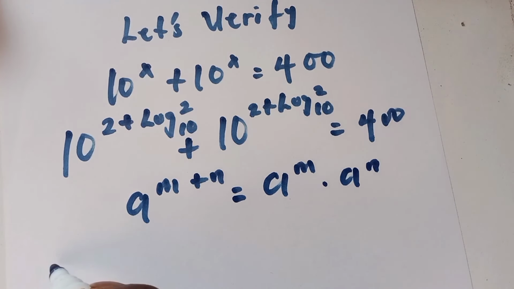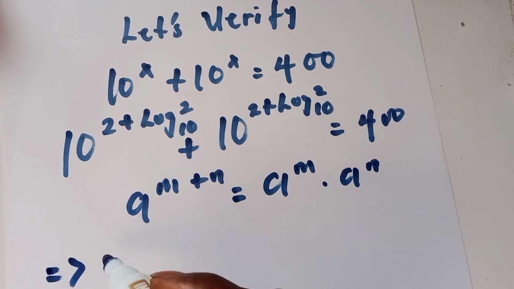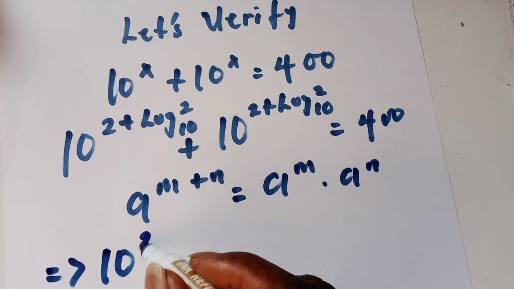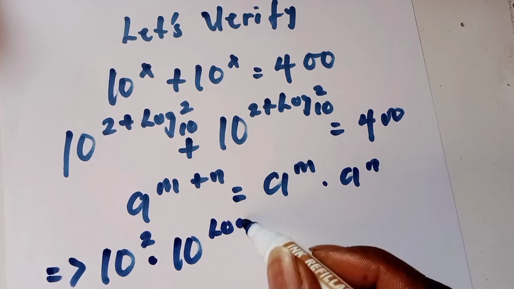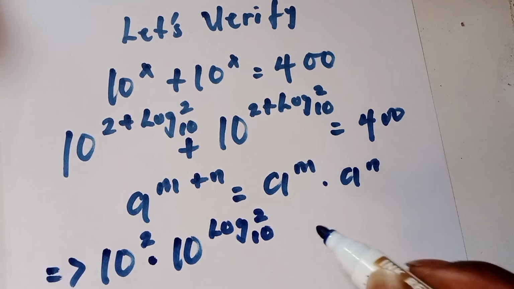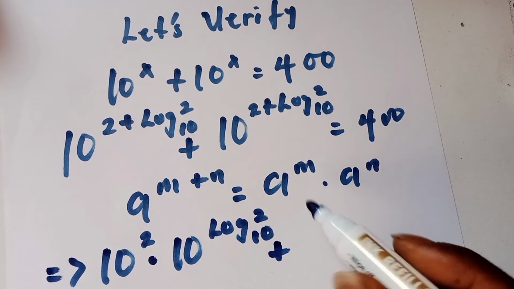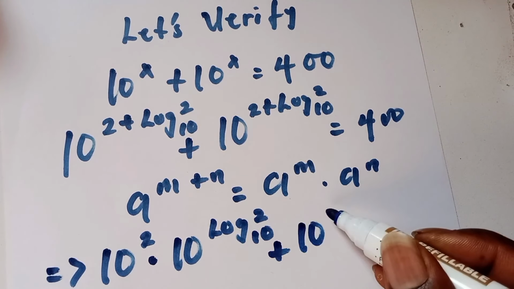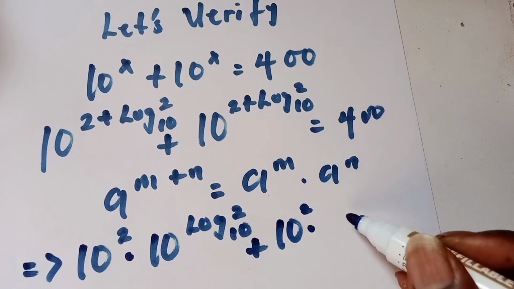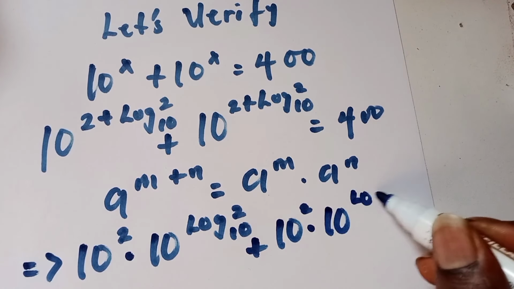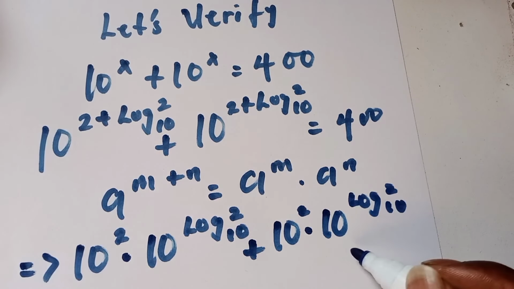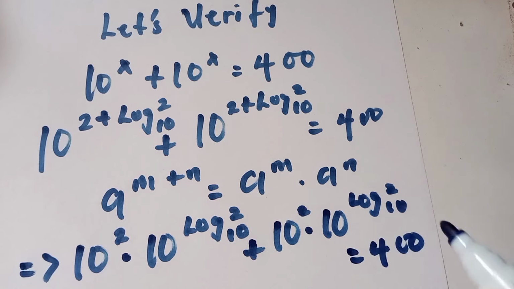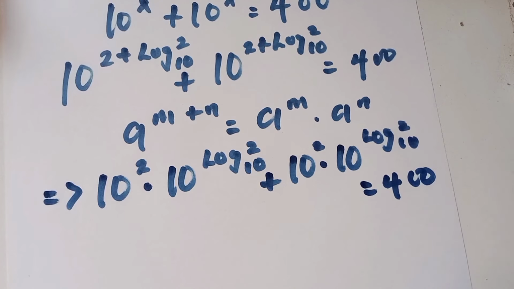So now if we apply this, we have 10 raised to power 2 times 10 raised to power log 2 base 10, plus the same thing, 10 raised to power 2 times 10 raised to power log 2 base 10, is equal to 400. Now if we simplify further, we have 10 raised to power 2, which is 100.